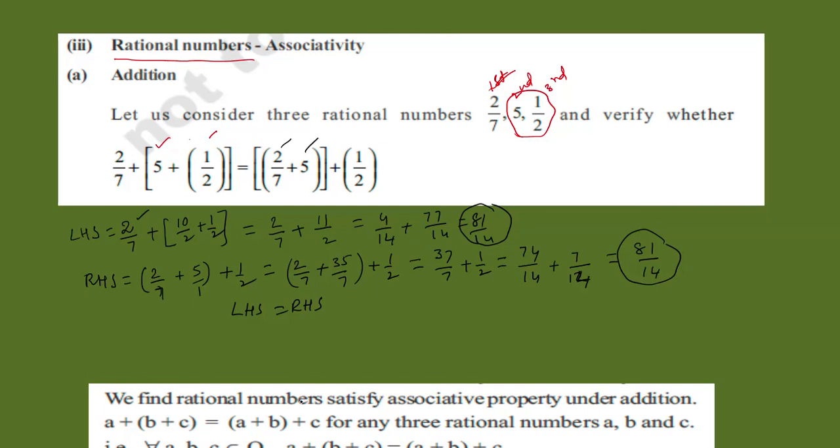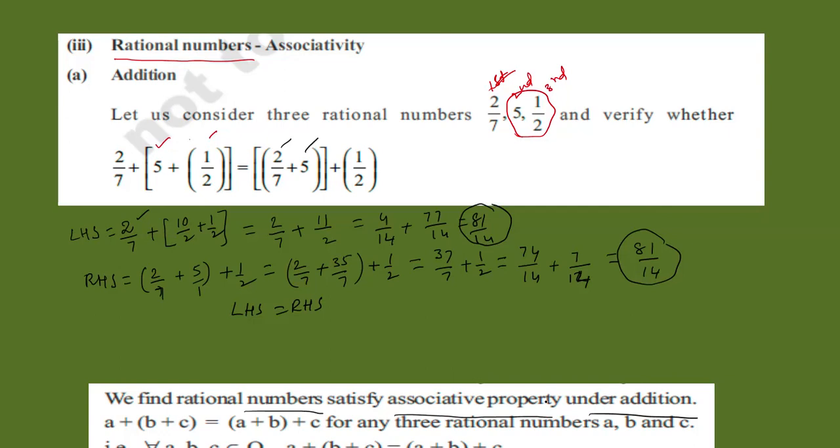Hence, we represent those three as a, b, c. We conclude that rational numbers satisfy the associative property under addition: (a plus b) plus c equals a plus (b plus c). Here a, b, c represent rational numbers.